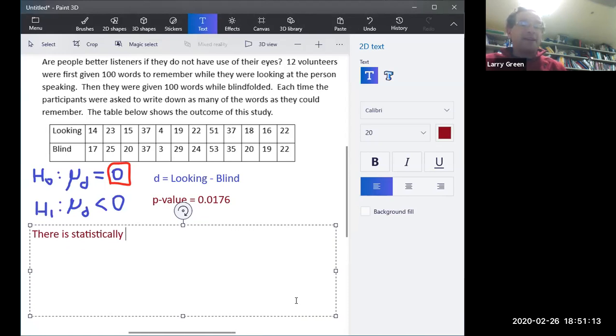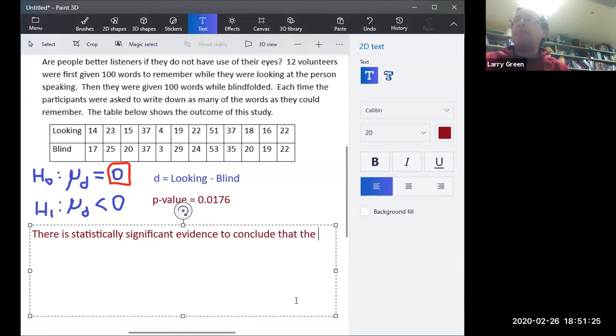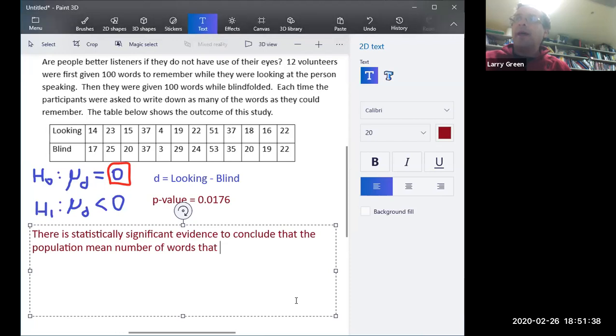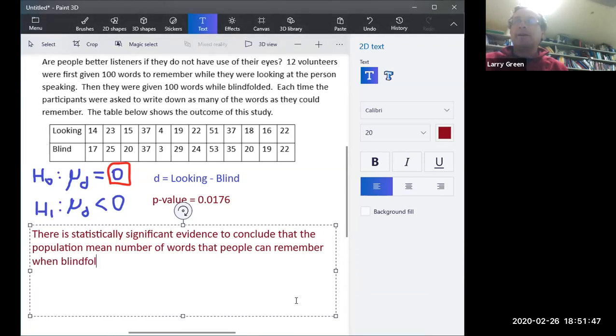Yeah, statistically significant evidence. So there is statistically significant evidence to conclude that the population mean, remember you gotta have those words in, number of words that people can remember when blindfolded is greater than when they are not blindfolded.